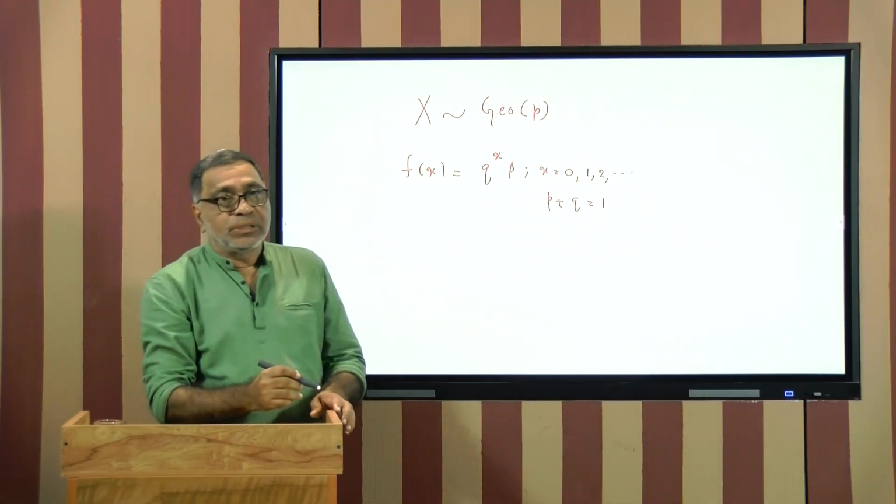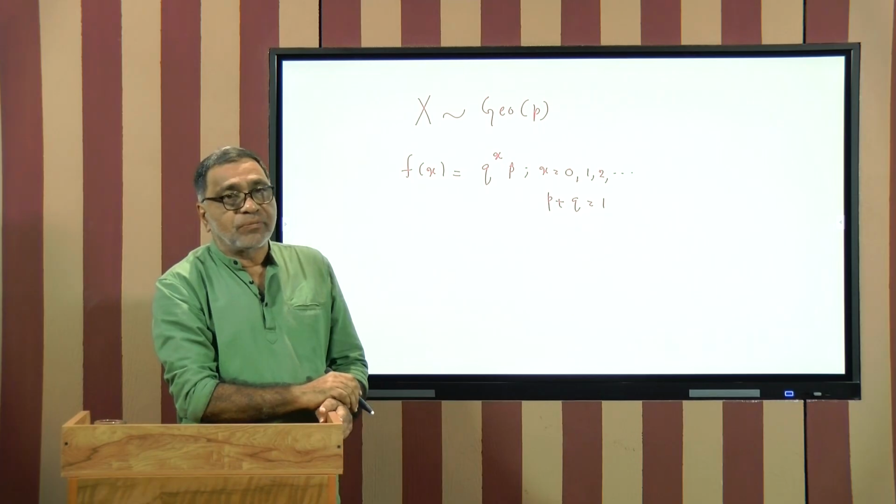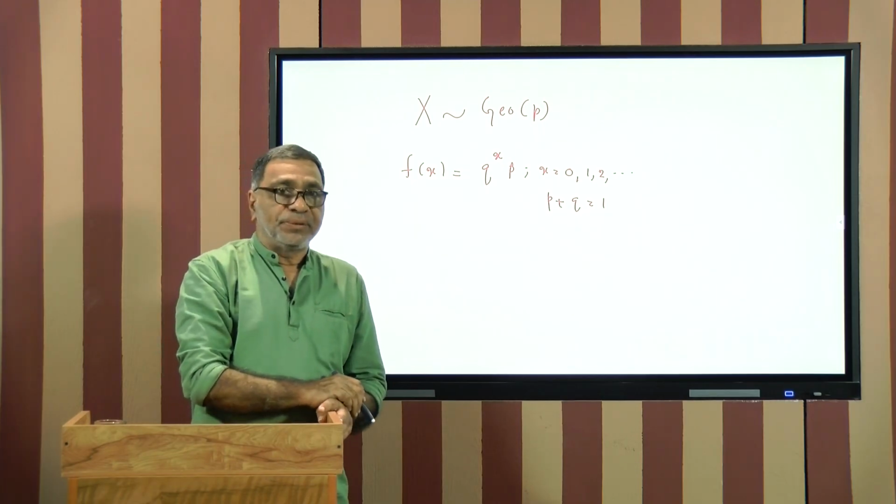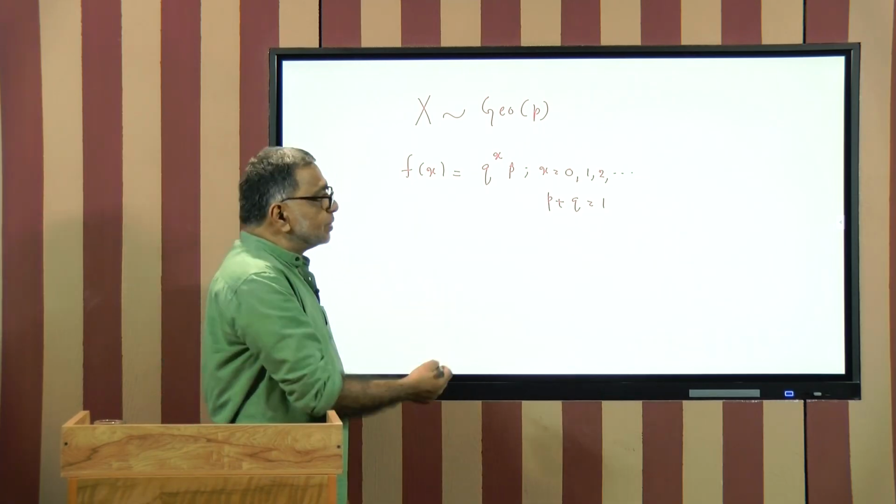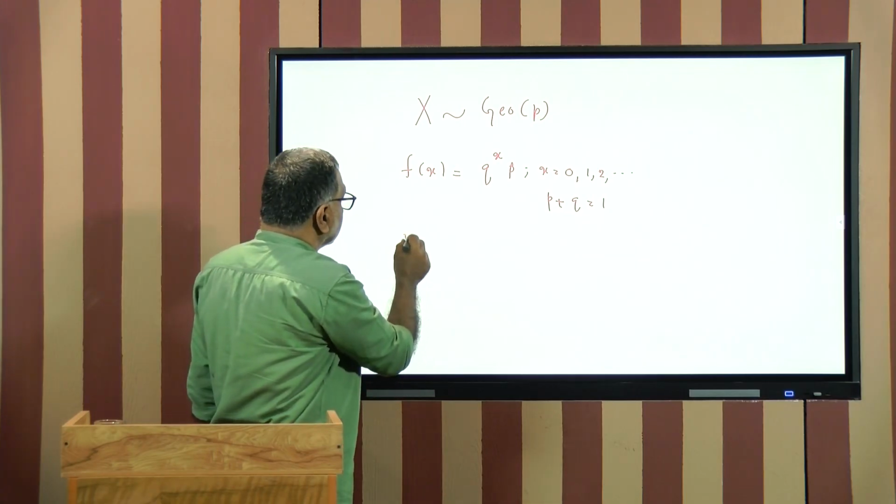This is the probability mass function of the geometric random variable with parameter p, and our problem is to find the probability generating function.